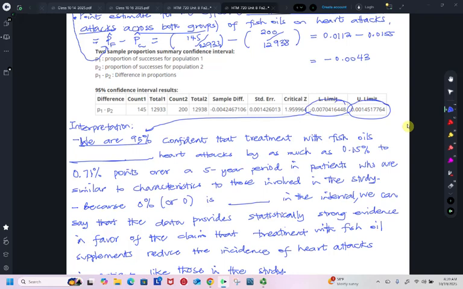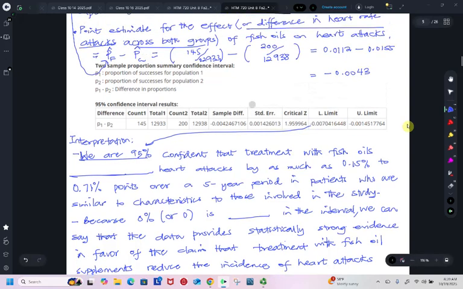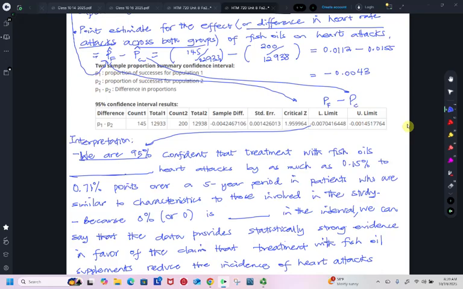Let us see what that means. Take note that our point estimate was the proportion of heart attacks in the fish oil treatment group minus the proportion of heart attacks in the control group. If we are going from a negative value to a negative value, it means that we are saying small and then big.